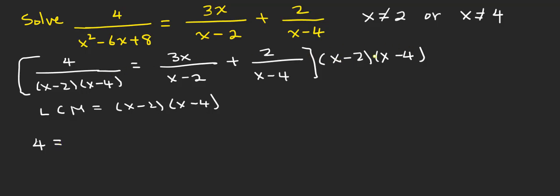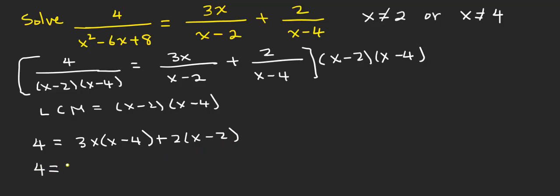What about when you multiply these two with this? Only x minus 2 cancels out, so you get 3x times x minus 4. What about these two? When you multiply these two, x minus 4 cancels out, so you get positive 2 times x minus 2.